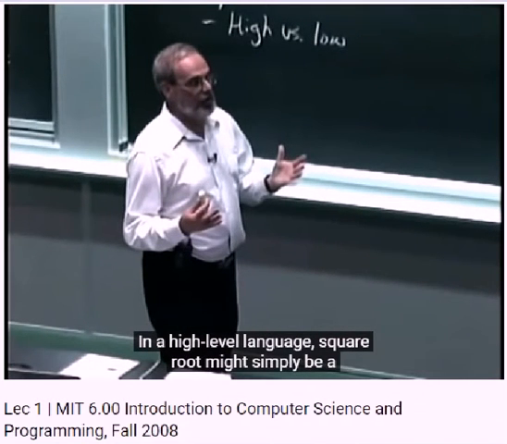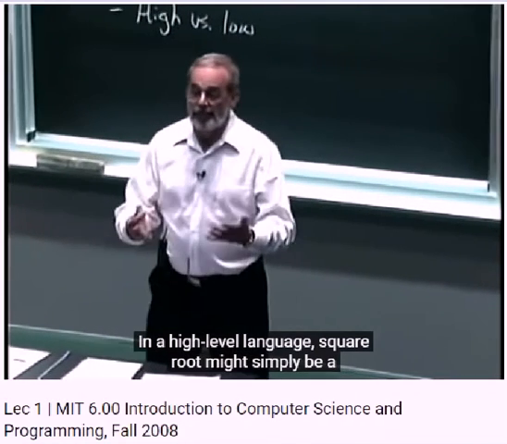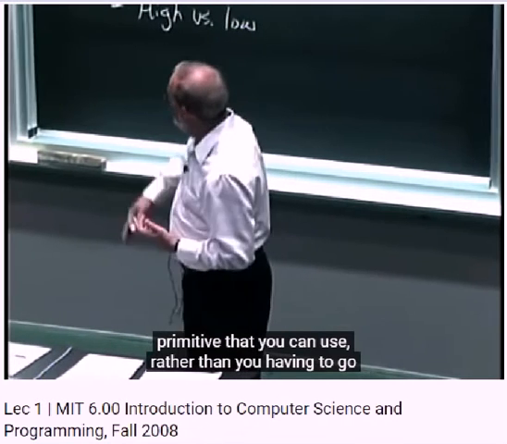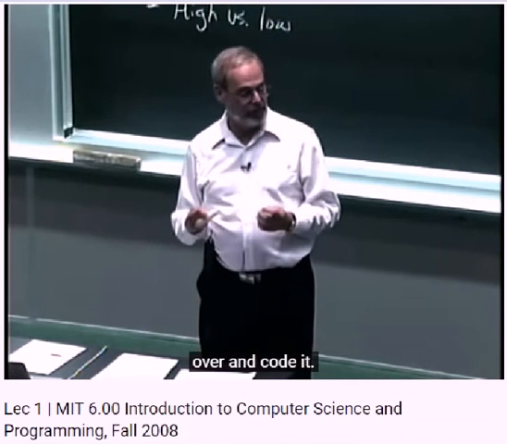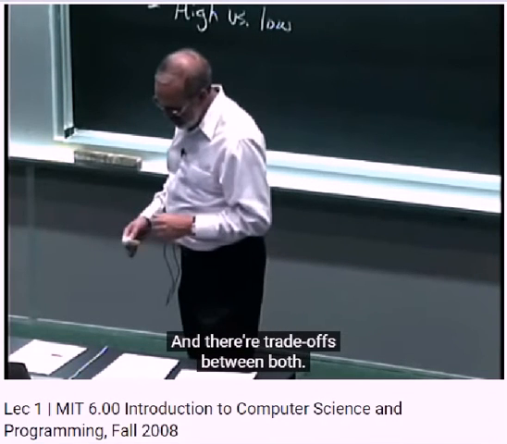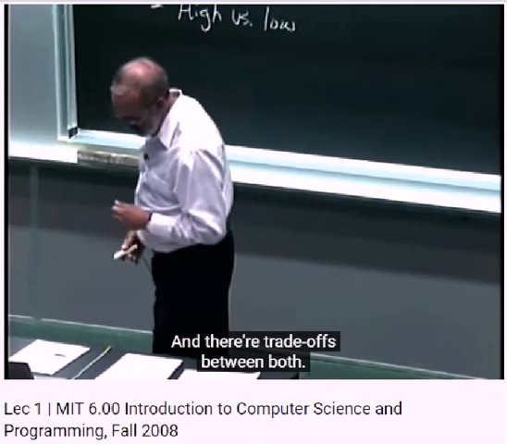In a high-level language, square root might simply be a primitive that you can use, rather than you having to go over and code it. And there are trade-offs between both.